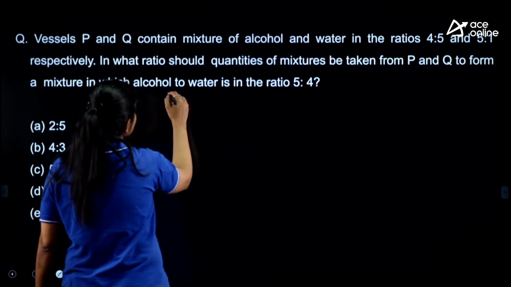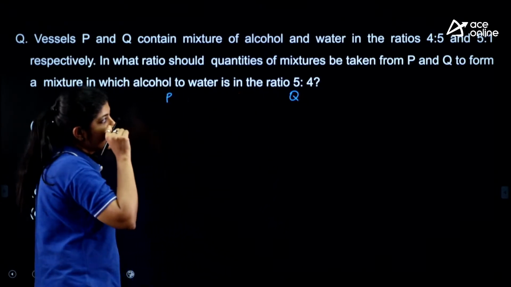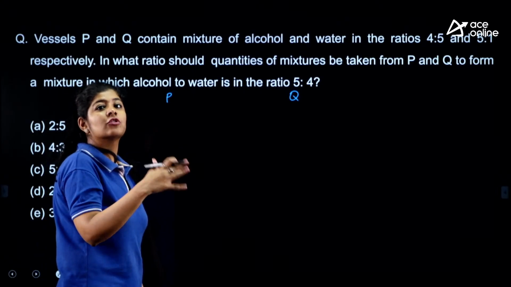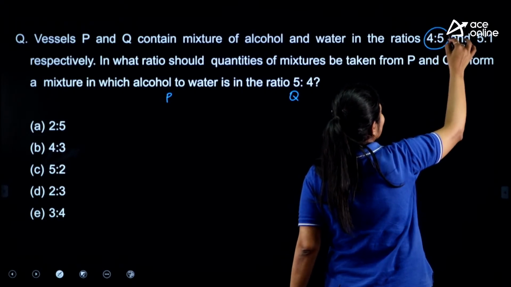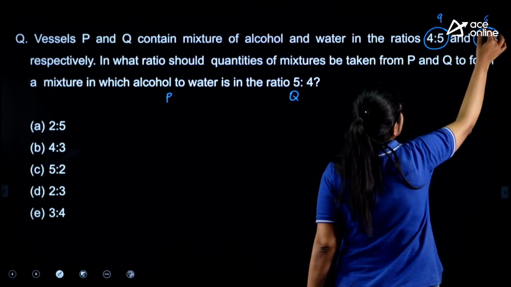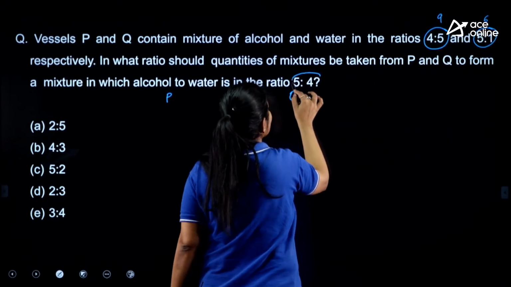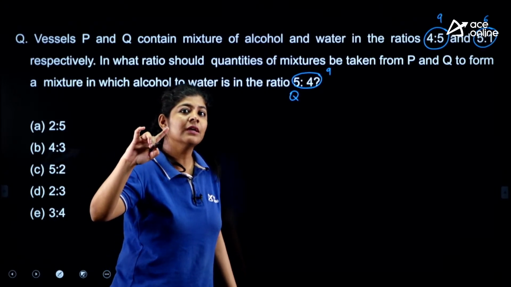So here the question is saying that we are having two vessels P and Q, right? I am just dealing with the alcohol proportion. The total quantity of mixture that we are having is 9, and here the total quantity is 6. In the mixture again we are having a total quantity of 9, but we are only dealing with the alcohol.